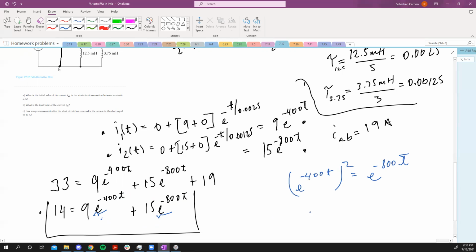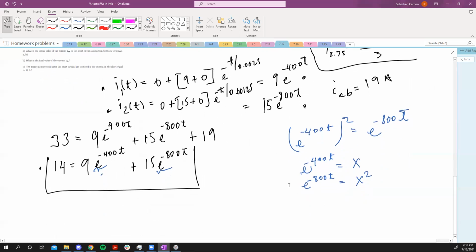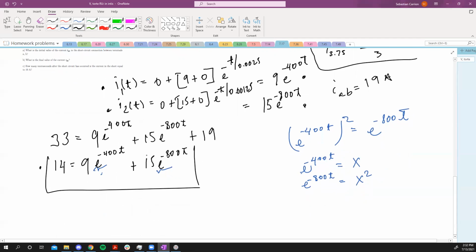So we can call e to the negative 400t x, and then e to the negative 800t we'll call x squared. So then I can formulate a quadratic: 15x squared plus 9x minus 14.